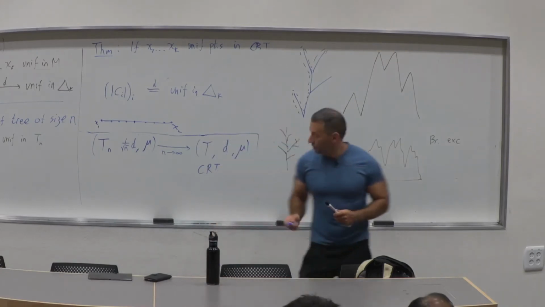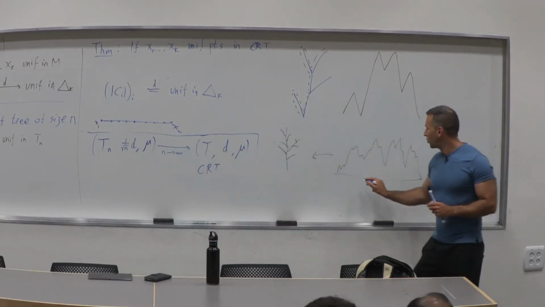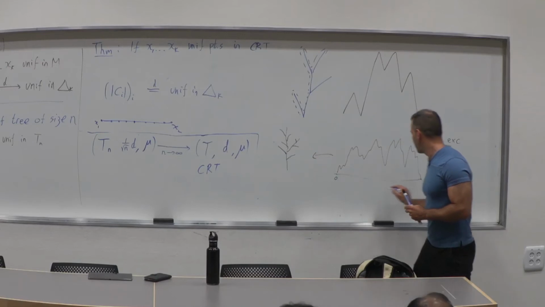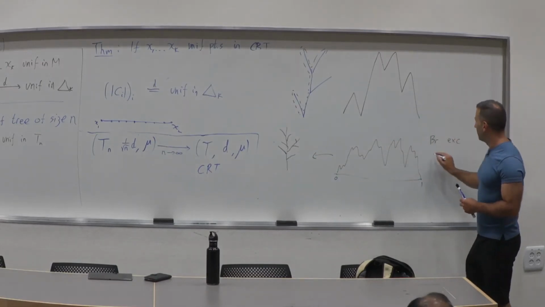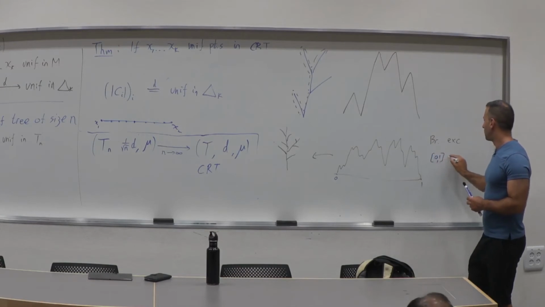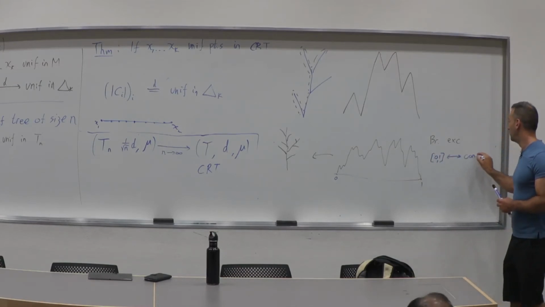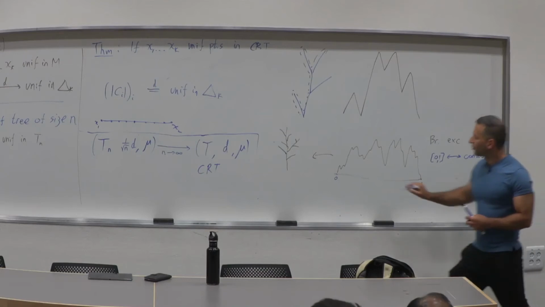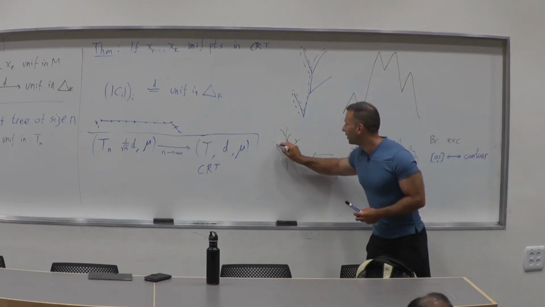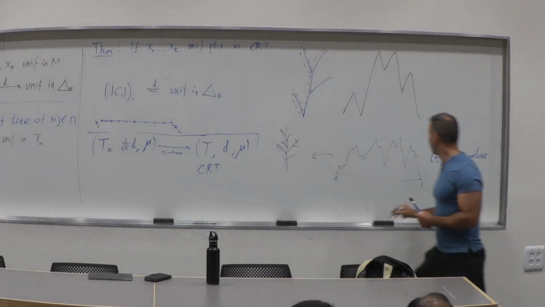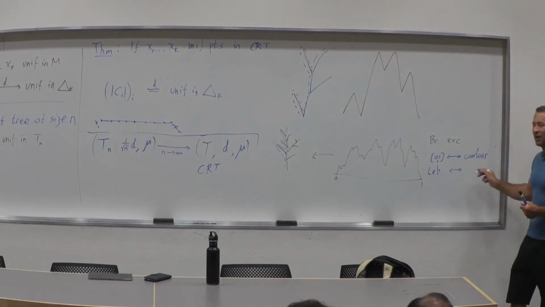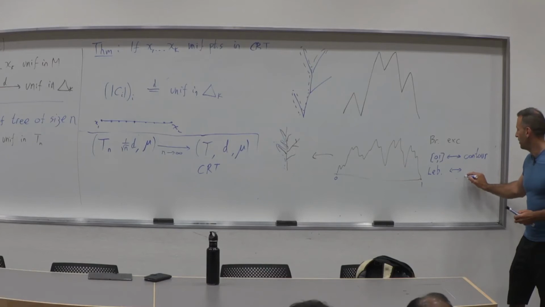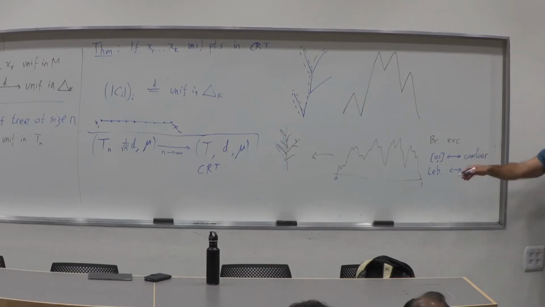So what do we need to know about this? If this is an excursion of length 1, the interval 0,1 corresponds to the contour around the tree, and Lebesgue measure corresponds to the standard mass measure on the tree. That's a probability measure on the tree.